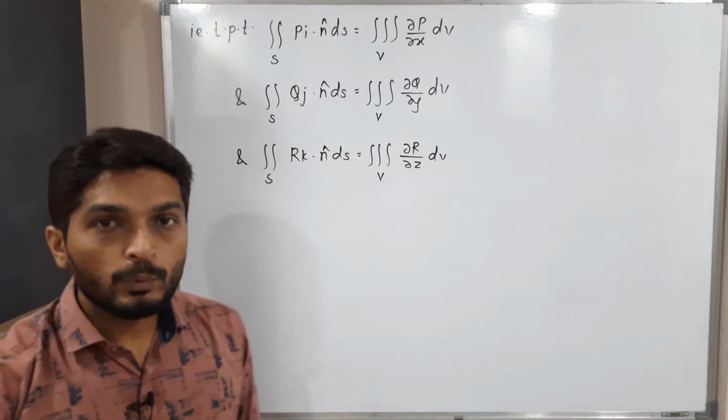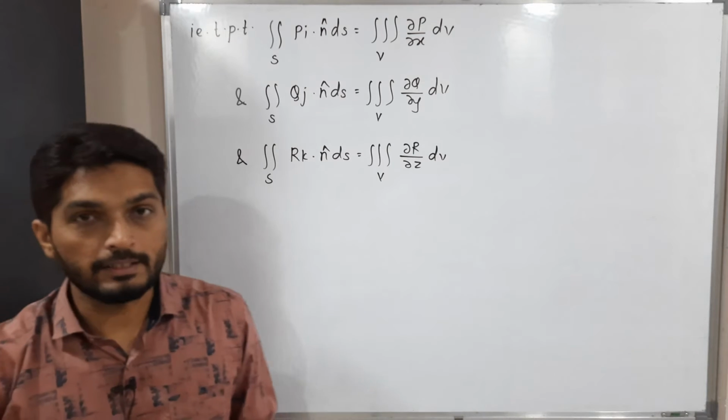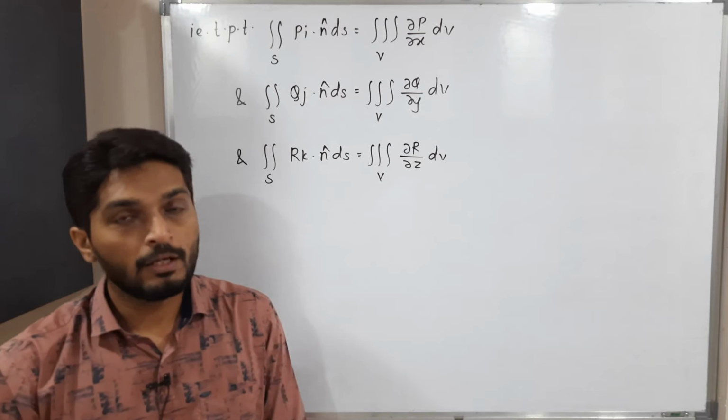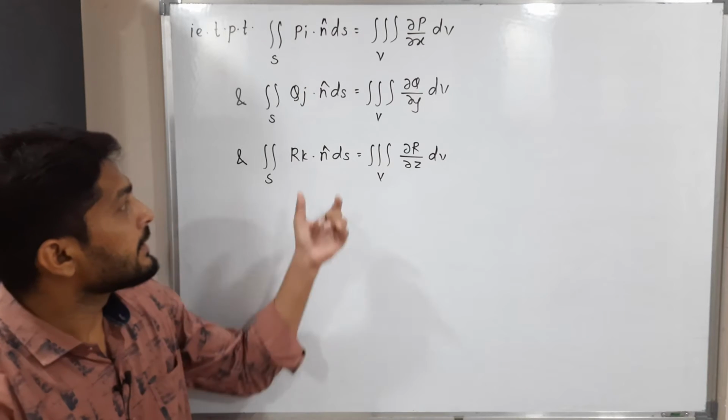So simply we have to prove these three equalities. Okay, so out of these three we will work on only one equality. So here we are going to prove the last equality.